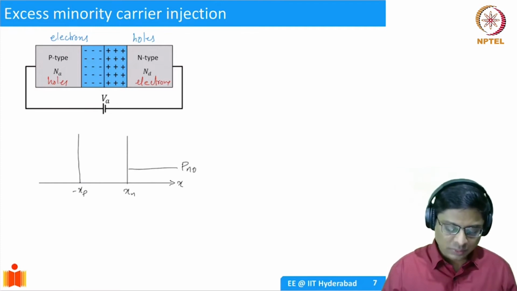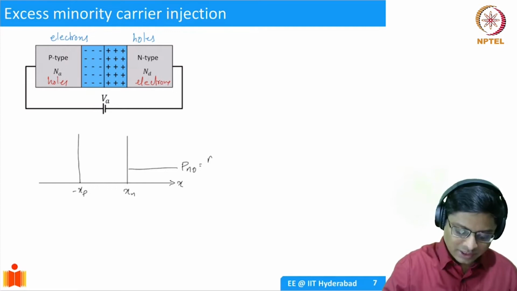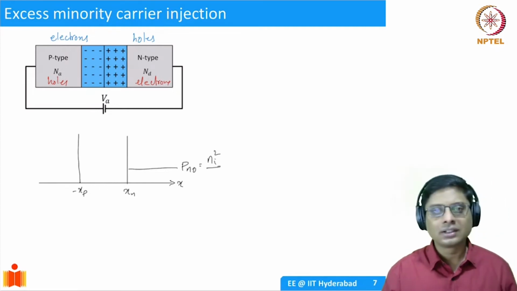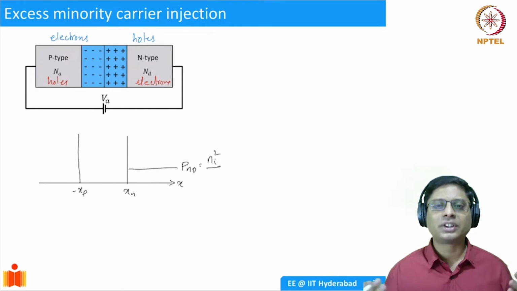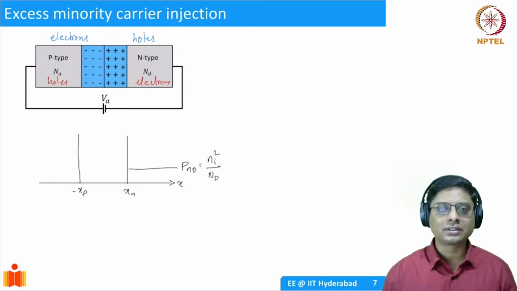What is it going to be? Well, it's the same thing that we've been doing: Ni square divided by, in the n-type region, the majority carriers are the electrons, so electron concentration is going to be Nd, and the hole concentration at equilibrium is going to be Ni square by Nd. So I'll represent that in the axis here.